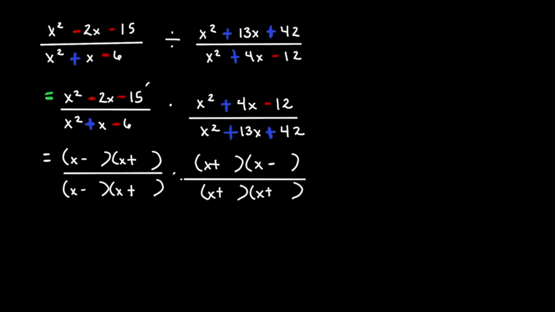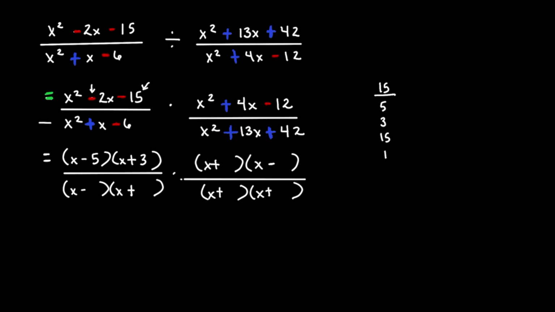Okay, so for the first expression, we're going to factor 15 and come up with all the factors of 15. So we have 5 and 3, 15 and 1. And we want it to come out to -2, so we want the -5 and +3.